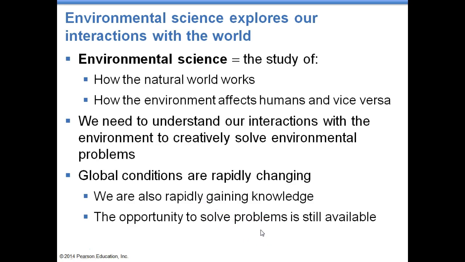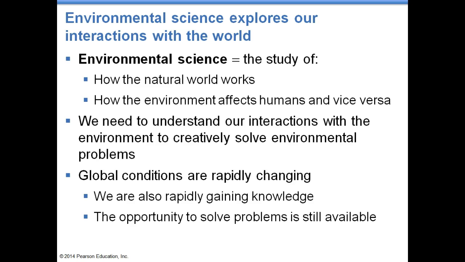So, environmental science, what is it? It is the study of how the natural world works. So it's our understanding of all of the systems, the biogeochemical cycles that you've heard about in general biology, the impacts of humans on the environment, and the impacts of the environment on humans. Think of natural disasters like hurricanes and tornadoes and earthquakes.